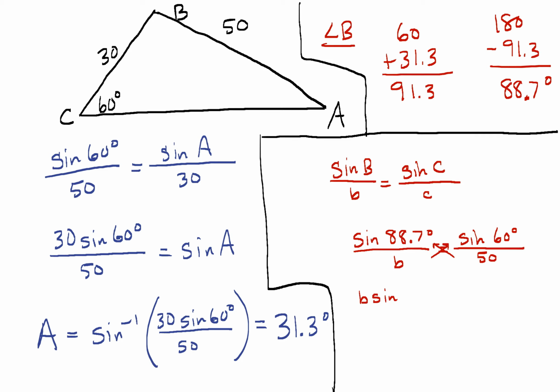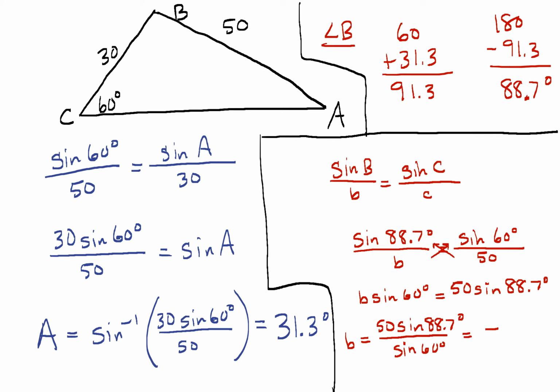It gives me b sine of 60 equals 50 sine of 88.7, dividing by sine of 60. And eventually that gives me what I want. And it is 57.7 feet as you punch it into a calculator.